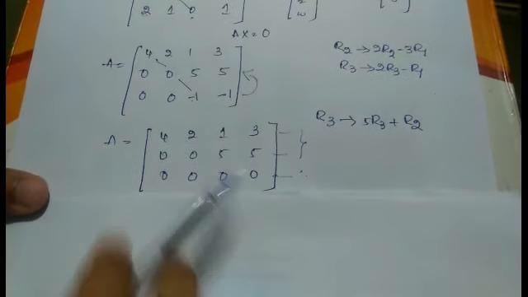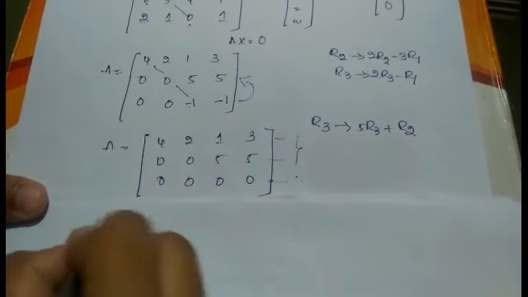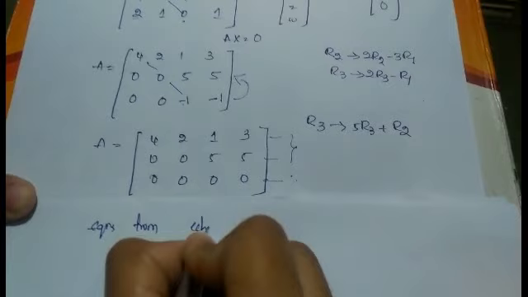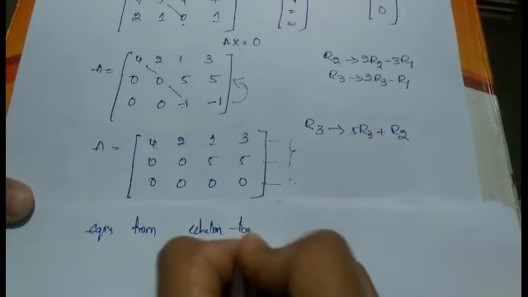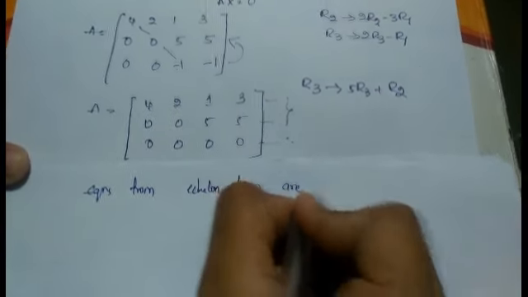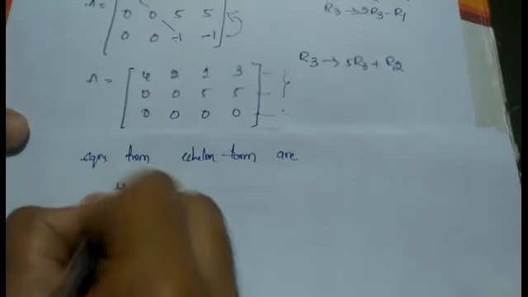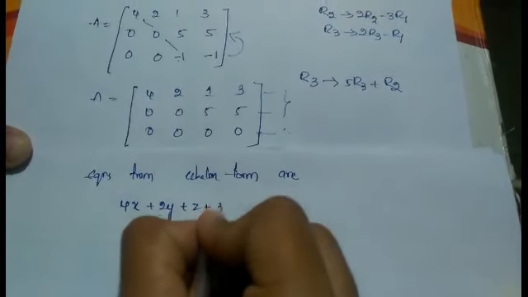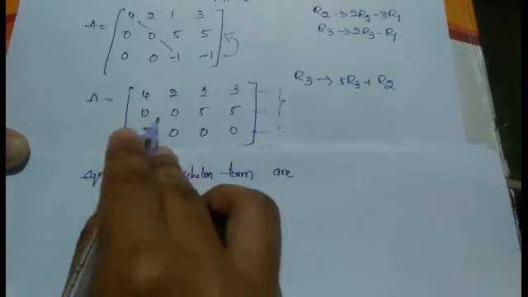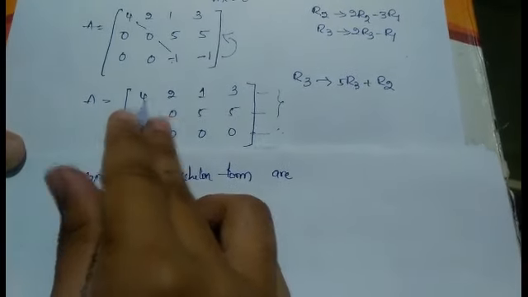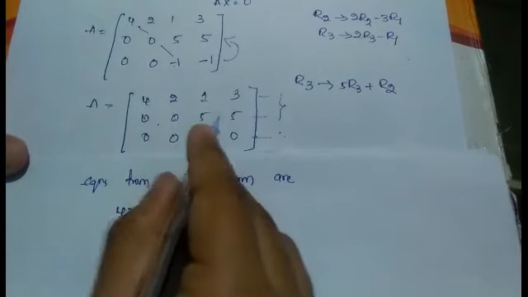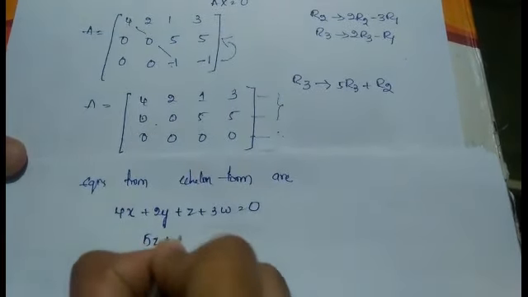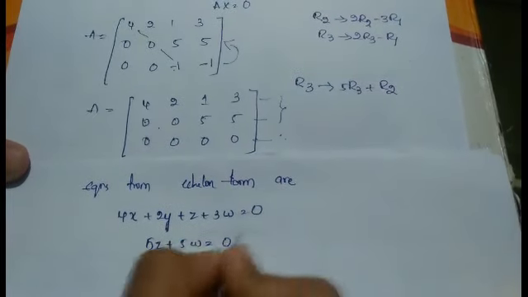Write the equations from the echelon form. They are 4x plus 2y plus z plus 3w equal to 0, and from this, x coefficient, y coefficient 0 0, and next this is z, so 5z plus 5w equal to 0.